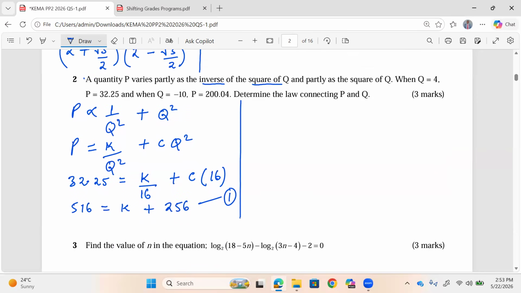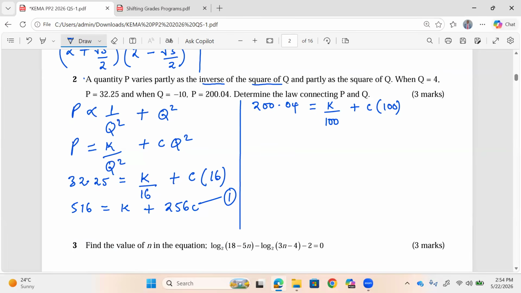Can we also come up with equation 2? Yes, we can also come up with equation 2. Now, the other statement says that P equals 200.04, being equal to K out of Q squared. Q is negative 10. When you square, you get 100. Plus C multiplied by negative 10 again squared, it becomes 100.